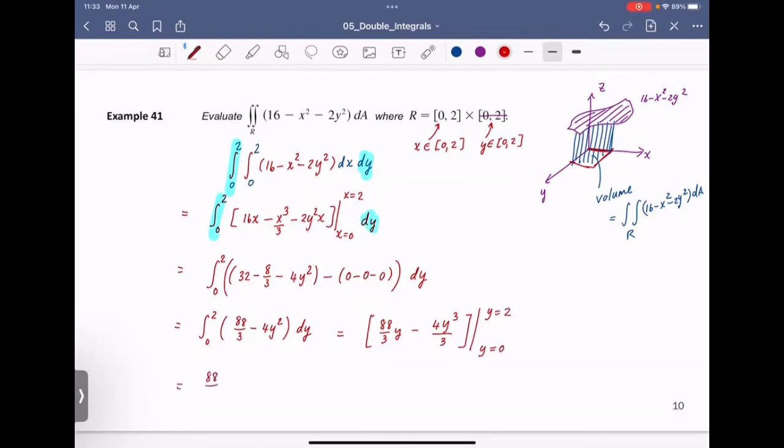So 88 over 3 times 2 minus 4 times 8 over 3. And then the answer should be 88 times 2 minus 32, that is 144 over 3, 48. Yes, correct. This is the answer.